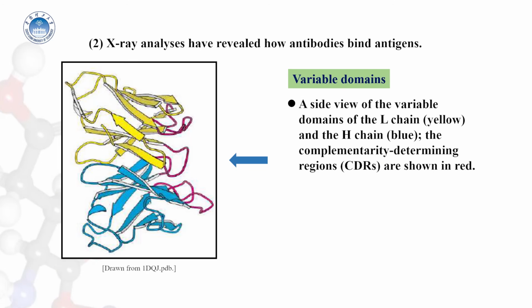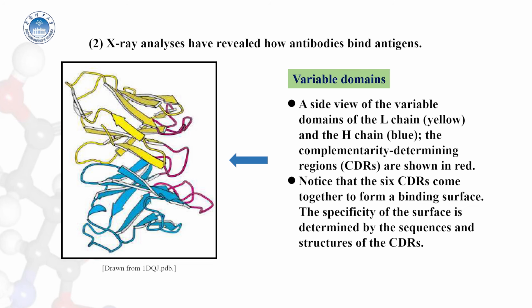For each class of antibody, the variable domains at the amino terminal ends of the light chain and heavy chain come together to form a binding surface. The position of the CDRs is striking. This hypervariable sequence, present in three loops of each domain, comes together so that all six loops form a single surface at the end of each arm, as shown in this figure.